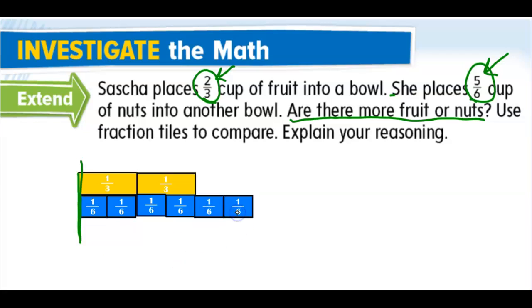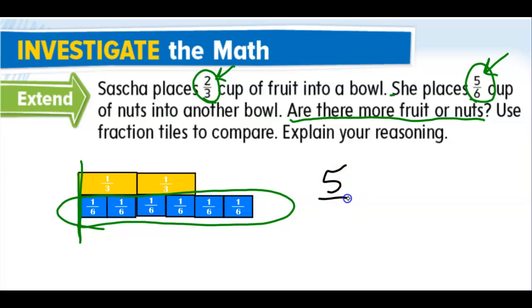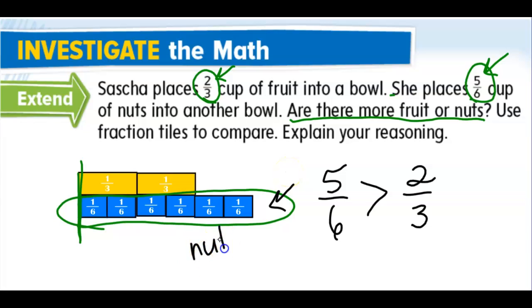Now, using the fraction tiles, we can easily see that these 5/6 are a greater amount than the 2/3. So we're going to go ahead and write 5/6, that's this one here, is greater than 2/3. But their question wanted to know, are there more fruit or nuts? Well, the 5/6 were for the nuts, so I'm going to answer that question.